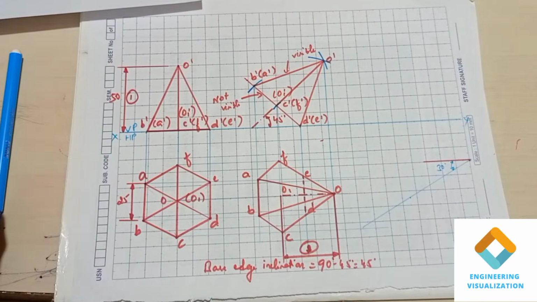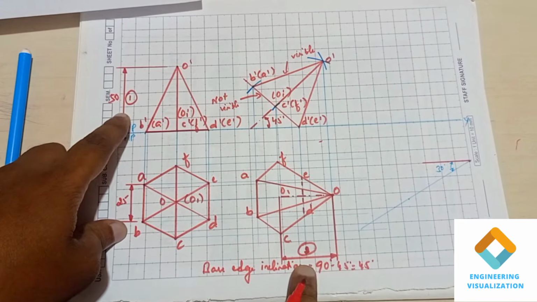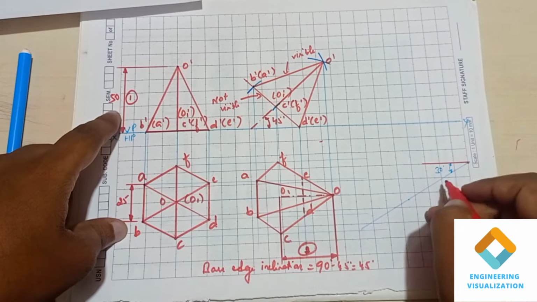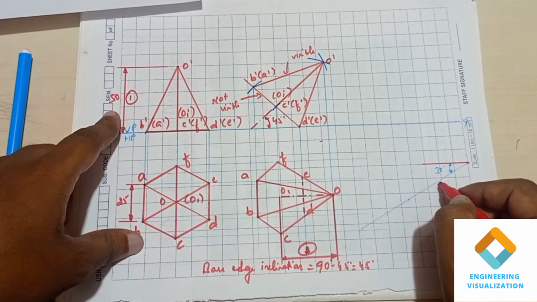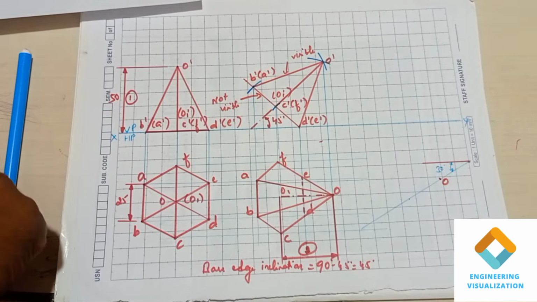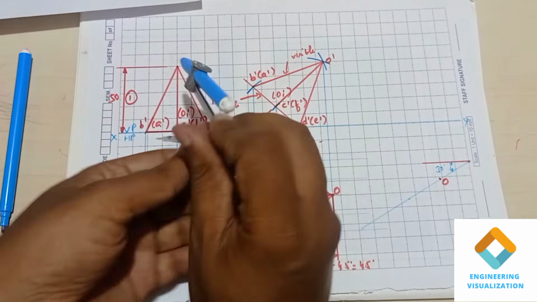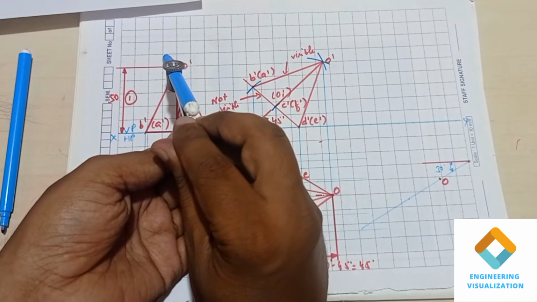Okay, now here we have to use the two axis lengths. So the first position front view is your first axis, that's why I've written 1. I'll be marking a reference point of O. Okay, now measure the length 50 mm using the compass and cut the arc.